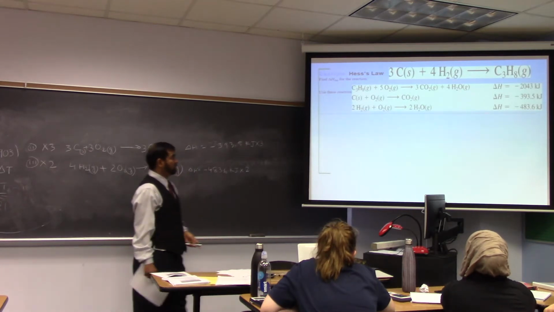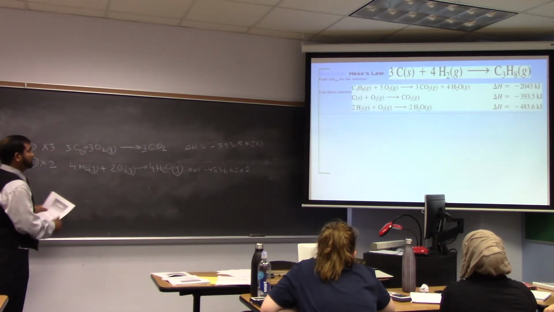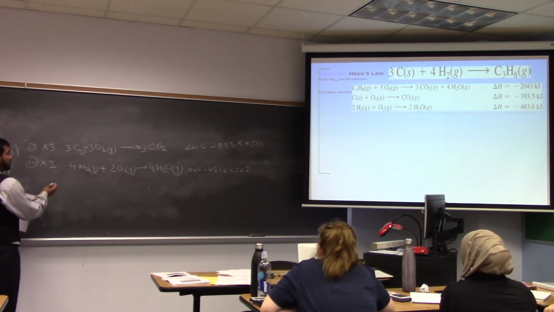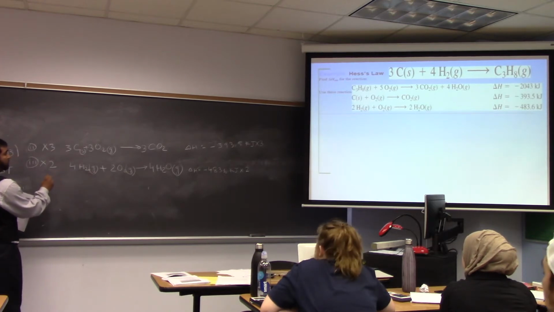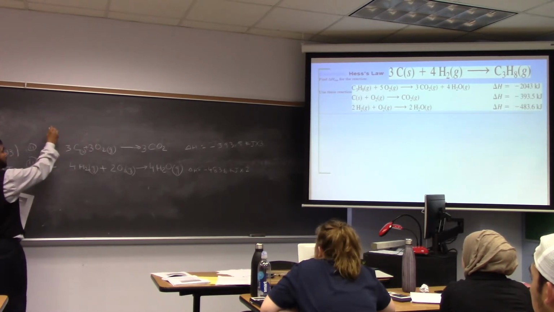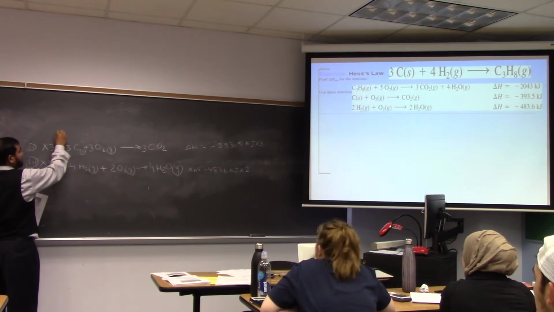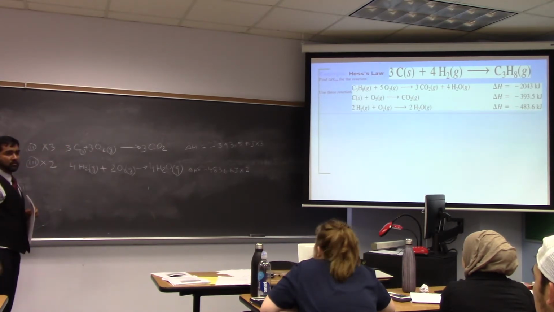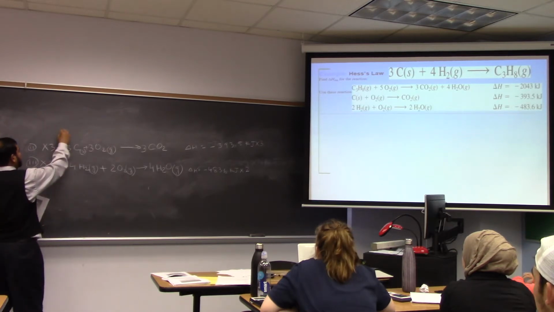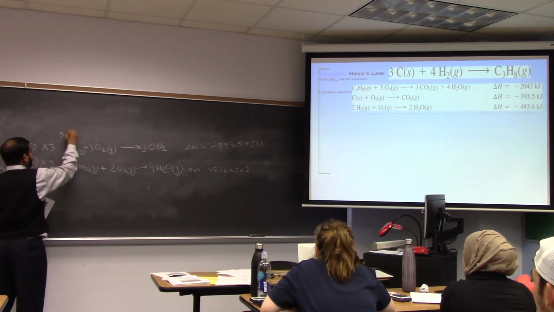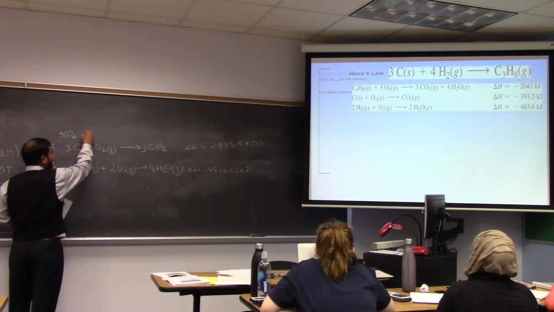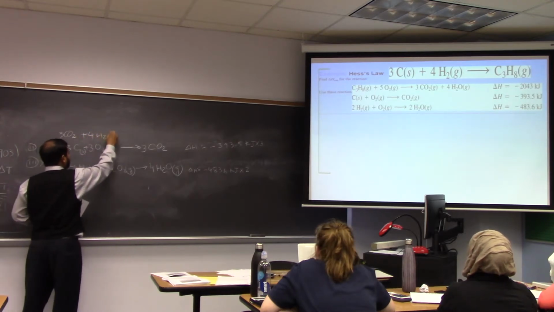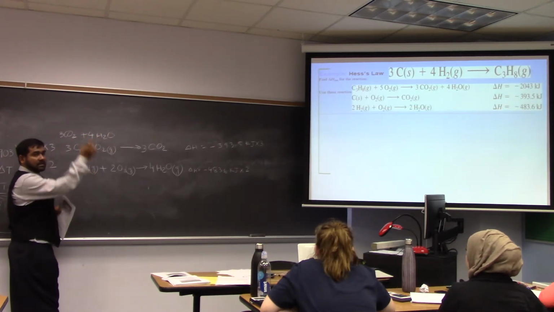So you need to swap or switch the product to reactant, reaction to product. So number one, what do you do? The coefficient is the same, so you do not need to multiply. You see? So just keep writing 3 carbon dioxide plus 4 water. This was the product, now you're writing it as a reactant.